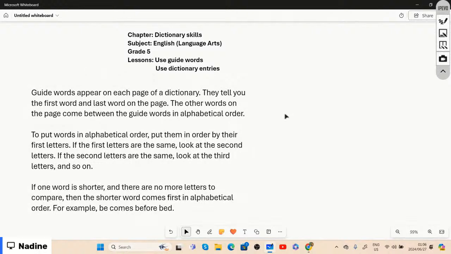If you want to look for a word that you do not understand, or even multiple words, you can go to a dictionary, because there you will find the words in alphabetical order. These words will give you the meaning. It will even give you different meanings of that one specific word, because usually one word will have different meanings. That is what the dictionary will give you.